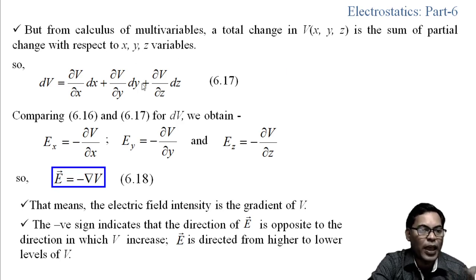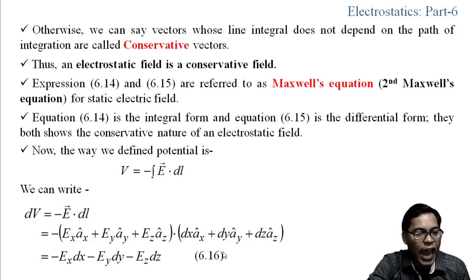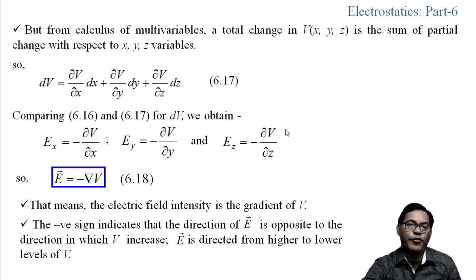That means mathematically we can write, dV equals ∂V/∂x dx plus ∂V/∂y dy plus ∂V/∂z dz. So now comparing this equation 17 and this equation 16, we get Ex equals minus ∂V/∂x, Ey equals minus ∂V/∂y, and Ez equals minus ∂V/∂z.